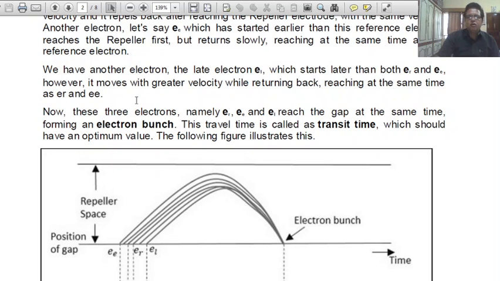So according to this fundamental, these 3 electrons, reference electron, earlier electron, and later electron, reach the gap at the same time and form an electron bunch. This travel time is known as transit time, which should have an optimum value.